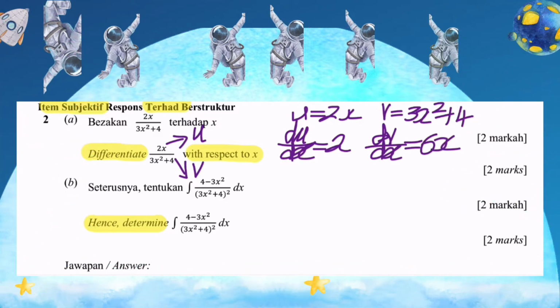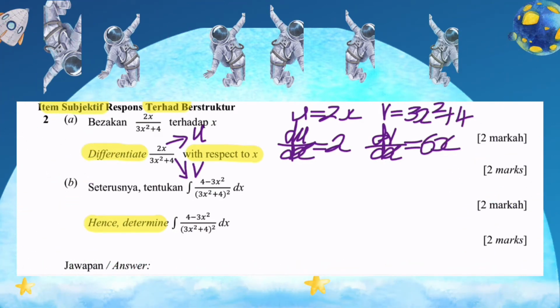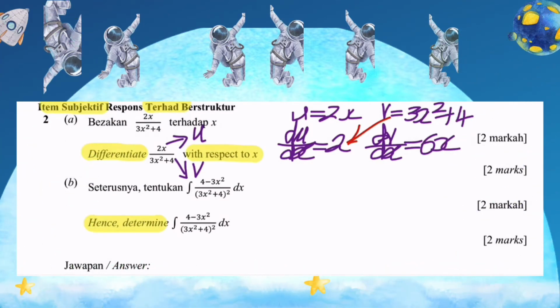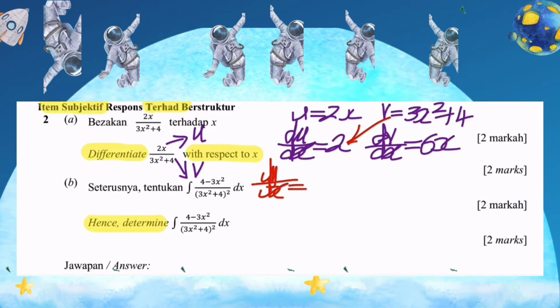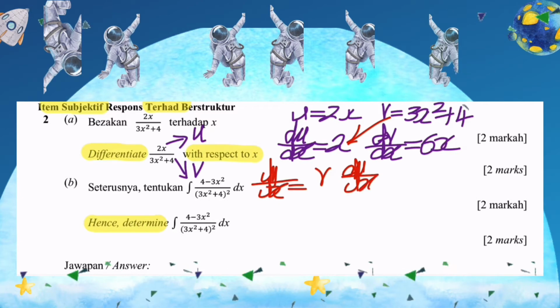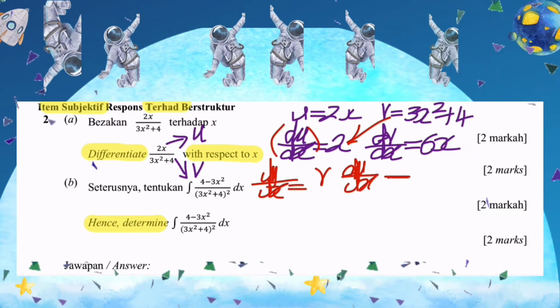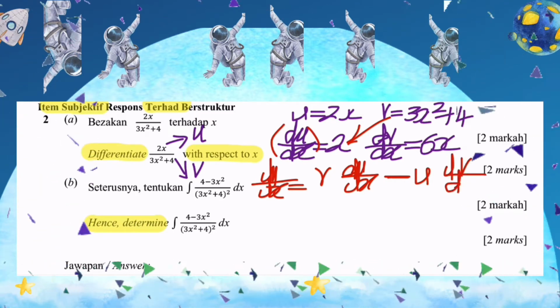According to the formula, dy dx is equal to v times du dx. It is always v first. We multiply by du dx and then minus u times dv dx.